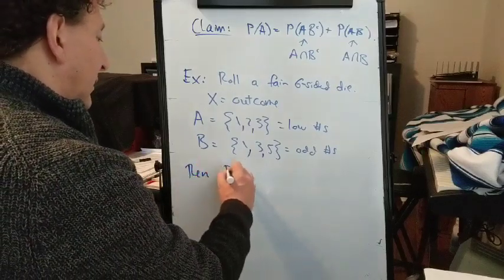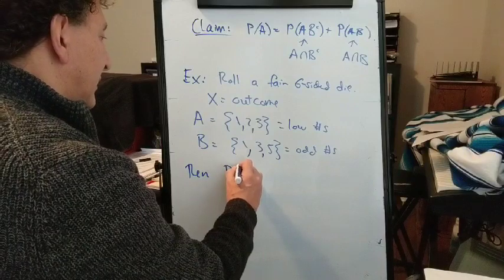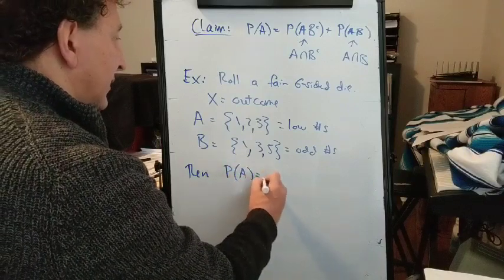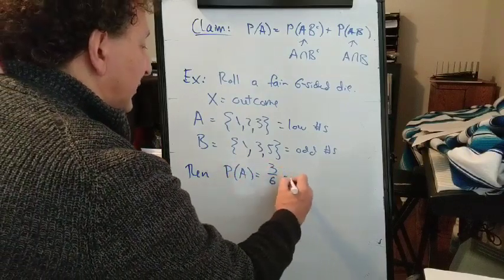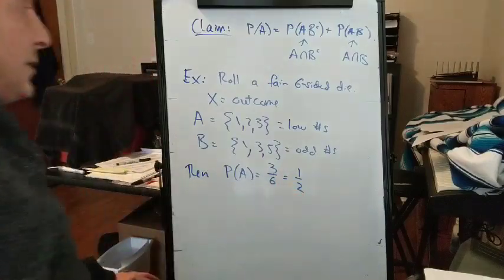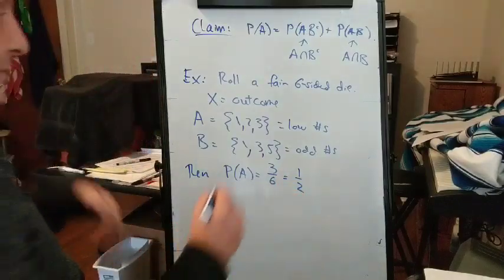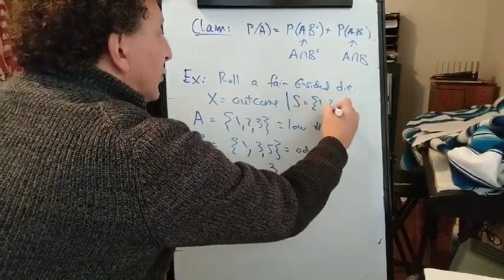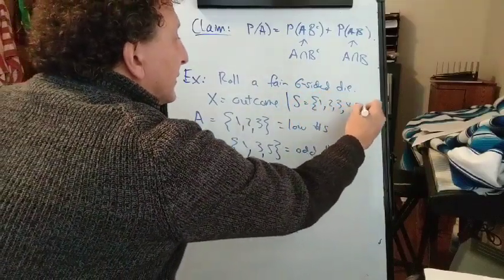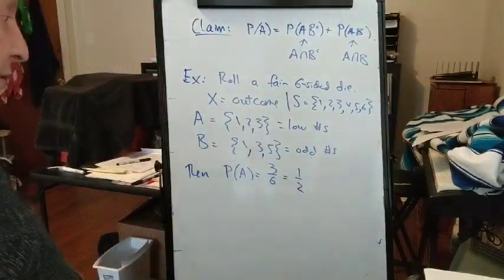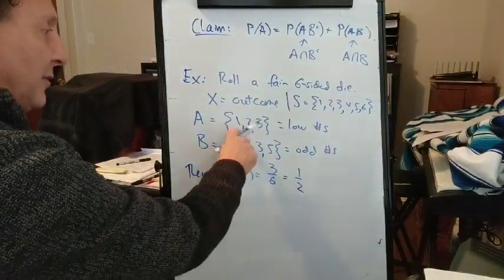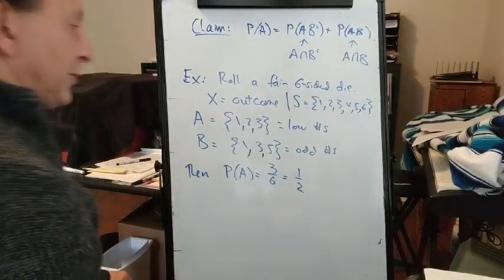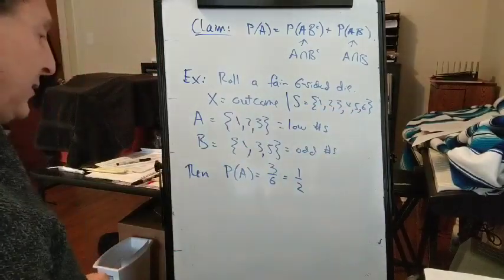Then the probability of A is 3 over 6, which is 1/2, because the sample space, of course, is numbers 1, 2, 3, 4, 5, 6, all possible outcomes. So the probability of A is the number of elements in A over the number of elements in the sample space, 3 over 6, or 1/2.